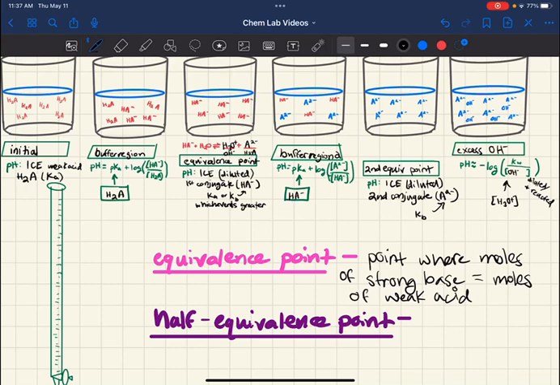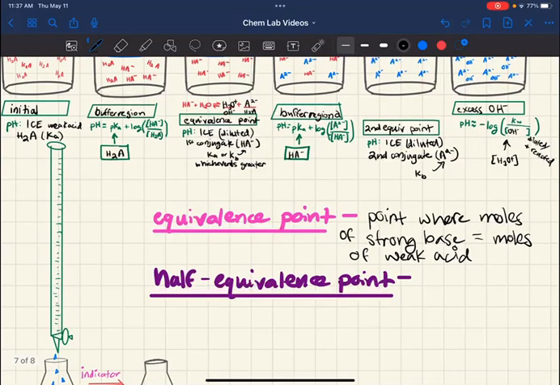Okay, so we have 2 equivalence points in a diprotic. So at the second equivalence point, we will have added twice as many moles of strong base as the number of moles of weak acid in solution, because there are 2 protons to remove. Hopefully that is made abundantly clear.